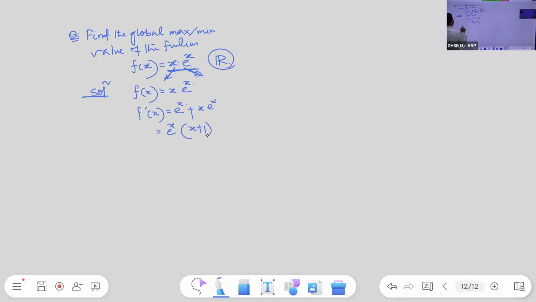So f dash x is equal to 0, e power x into x plus 1 equals to 0. So this implies e power x can never be equal to 0. It is always a positive quantity. So x plus 1 is equal to 0 implies x is equal to -1, right?